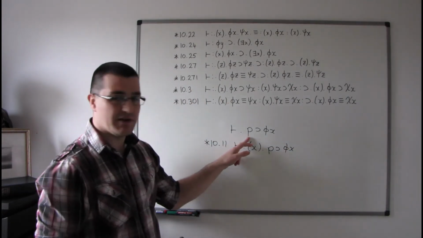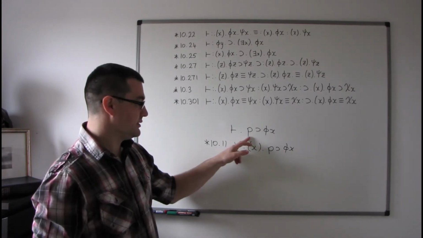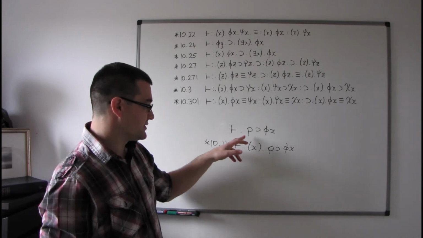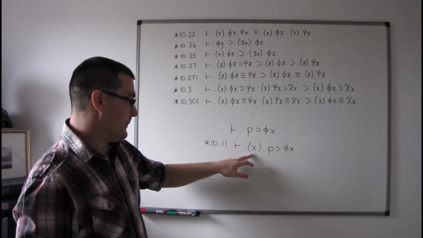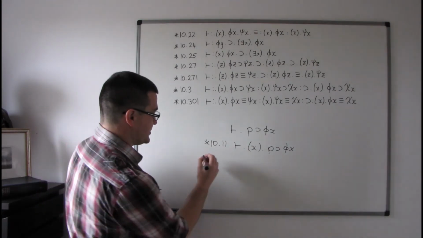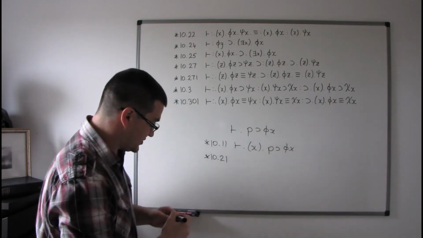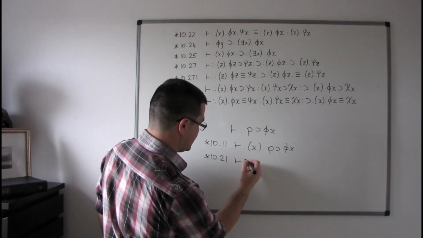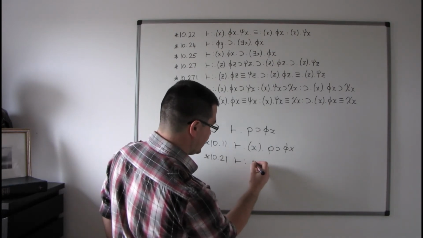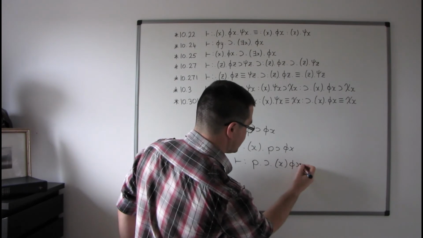P might be a very complex expression in itself, so it's just the form of the expression that we're looking at here. And then I can use 10.21, which I didn't mention here, but the effect of using 10.21 would be that we end up with P implies phi x always.